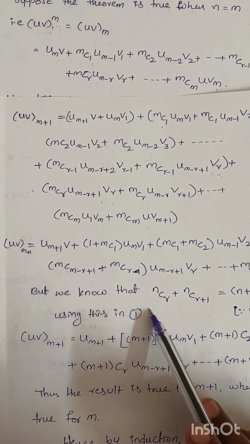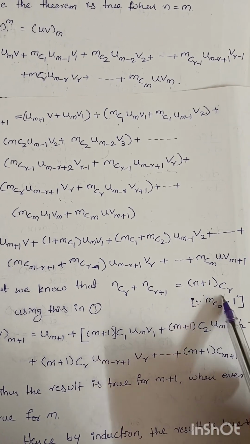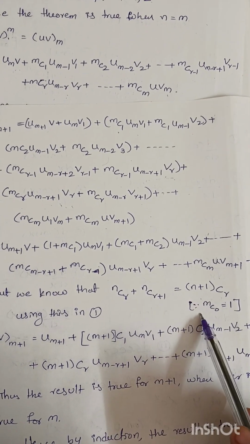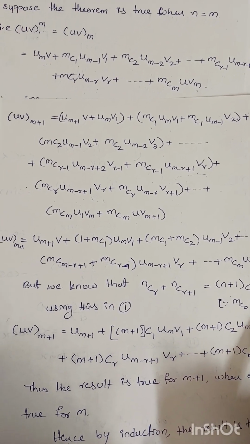But we know that nCr plus nCr+1 equals (n+1)Cr+1, and also mC0 or nC0 value equals 1.